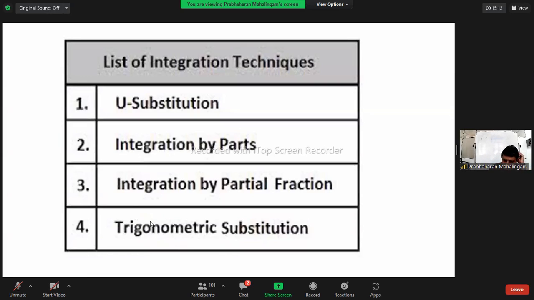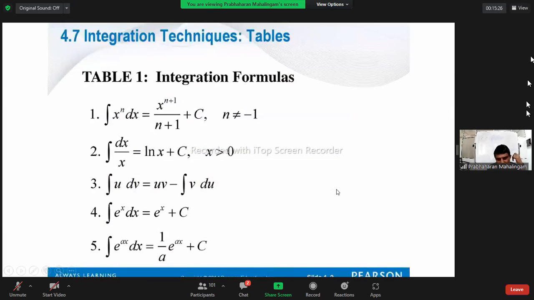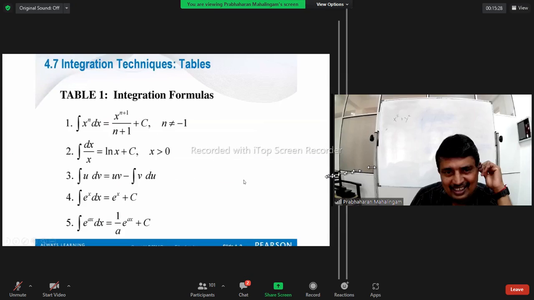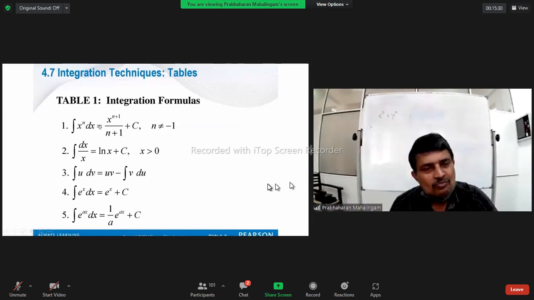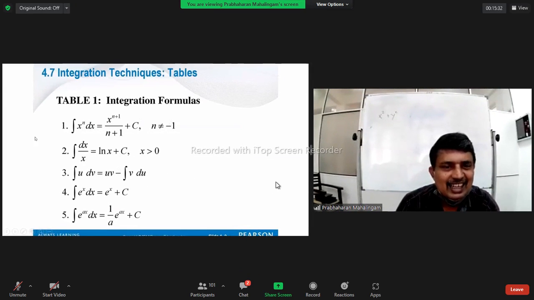Normally we directly do trigonometric functions, but normally substitutions are done. So integration by parts and integration by partial fractions we will see today. The first one is the basic integral formula, suppose u to the power n is there.